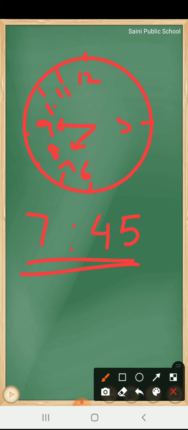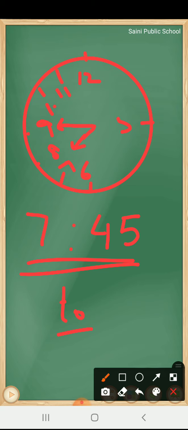Now we can write it in another form. How? Now the minute hand is on the left side, so we will write "to" the hour. We will use "to", not "past", because it is on the left side. Now 7:45 means 1/4 is left.